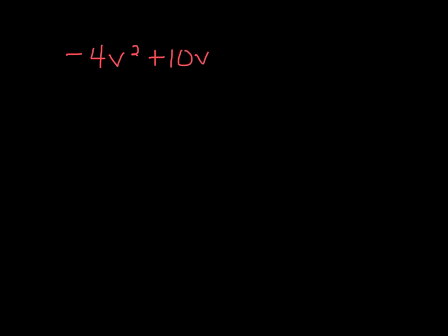Let's write down what a is. A is negative 4. B is 10. And c is 0.